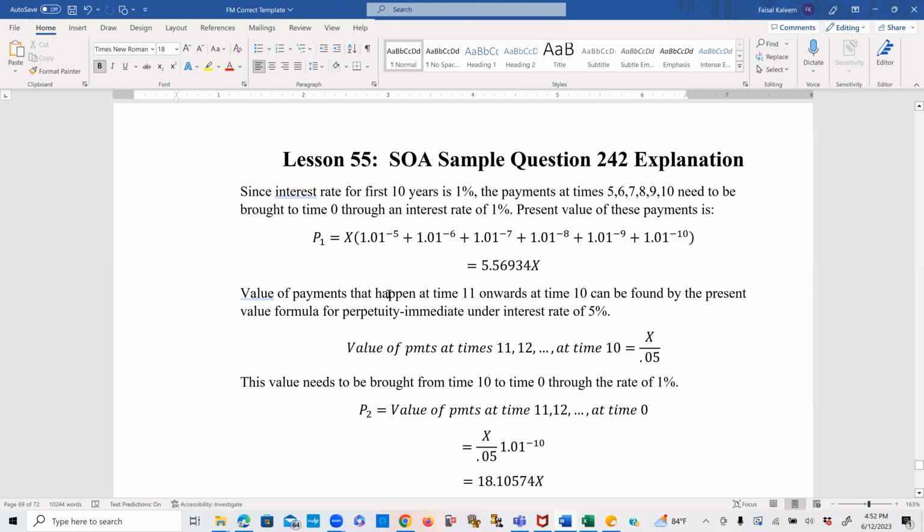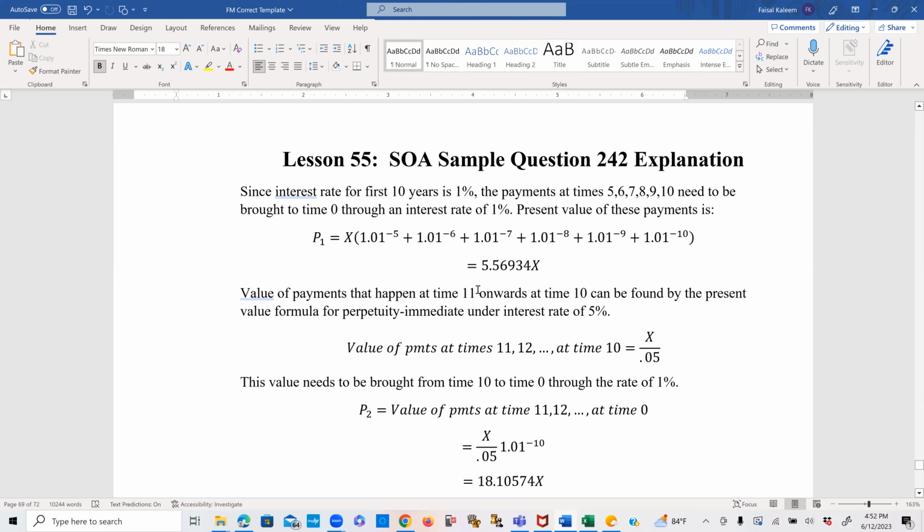And then the value of payments that happen at time 11 onwards, that's a perpetuity. So if we start counting from the payment that happens at time 11, we know that the perpetuity immediate formula gives us the value 1 period before the first payment.